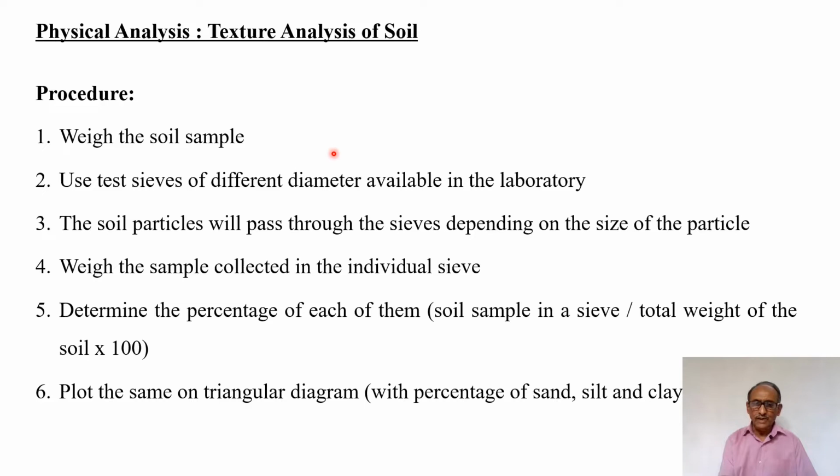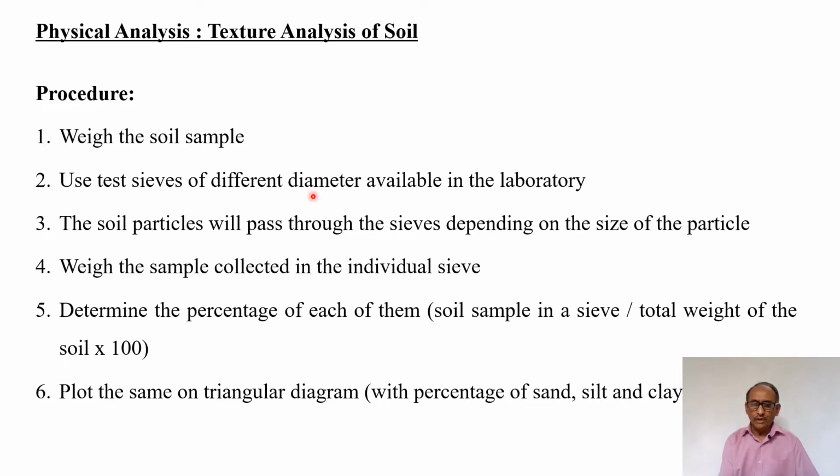Then you get different types of sieves, that is, sieves which have holes of different diameters. So when you use these sieves for segregating soil particles, because the holes of these sieves have different diameters, you are able to segregate the different parts of the soil, whether it is sand or silt or clay, easily with the help of these sieves.